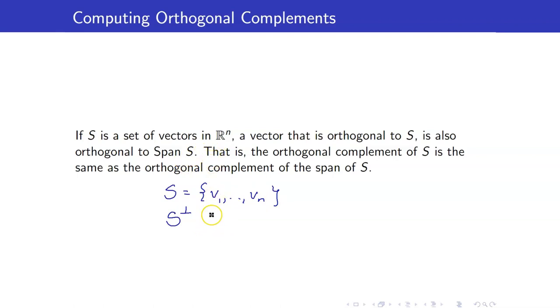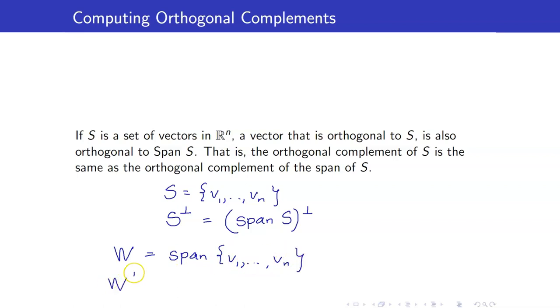This is saying that the orthogonal complement of S will also be the orthogonal complement of the span of S. This is saying that if you are given a subspace W, of course, if W is a subspace, W can be written as the span of a set of vectors, correct?